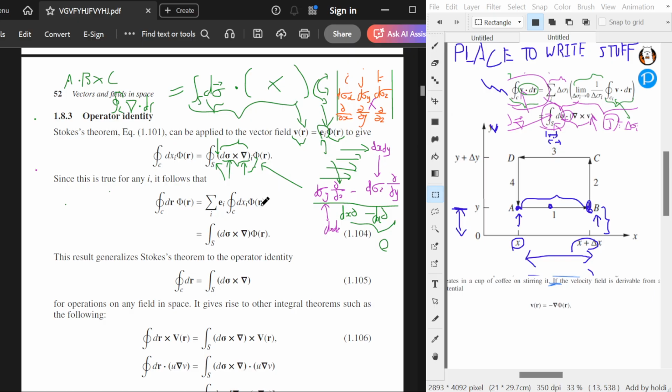Spooky. So we're not really dealing with the full guy yet, this is just a fraction of it. This goes here: integration over a positively oriented closed curve.